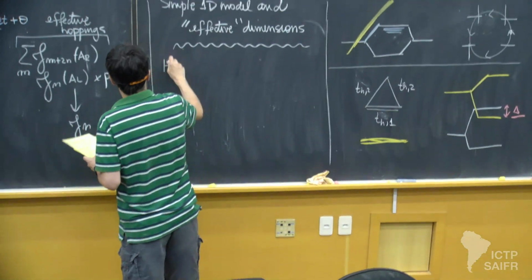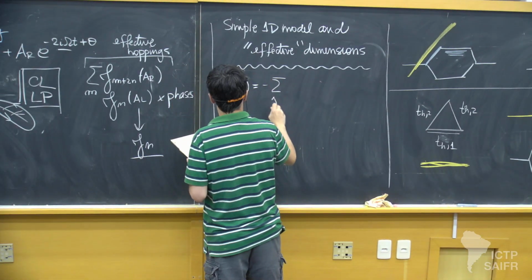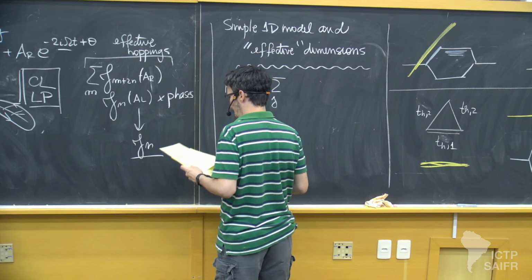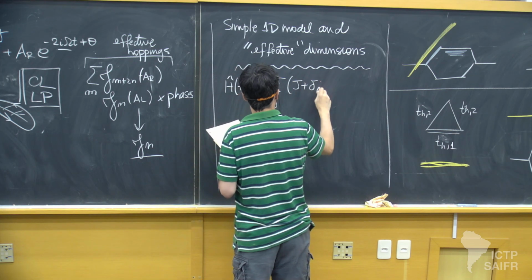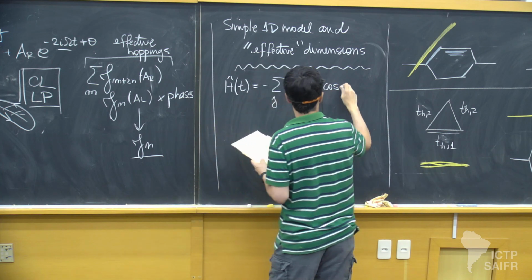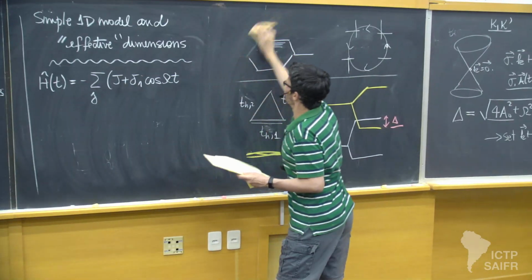So consider the following Hamiltonian as a function of time. Minus sum over j, plus delta 1 cosine of omega t. I will need more space here. Okay.